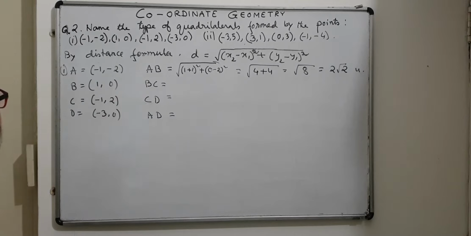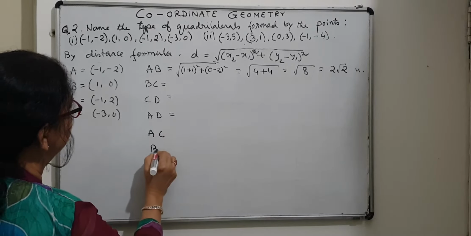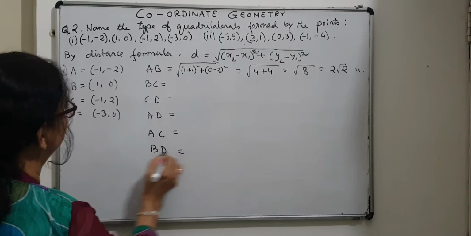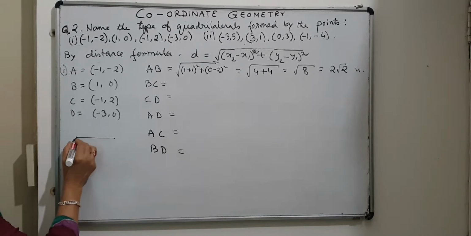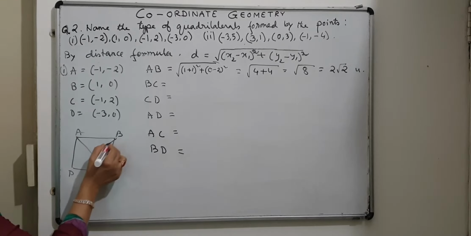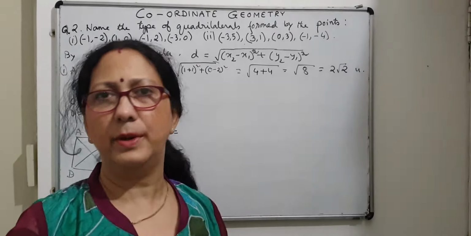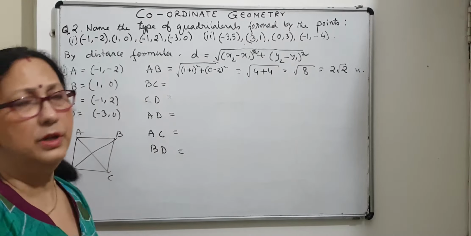So AC and BD are the diagonals. These two also I have to find, because you see, in any quadrilateral, if I take the cyclic order ABCD, then AC and BD are the diagonals. So I have to find the length of the diagonals also by the distance formula, then only I will be able to tell.